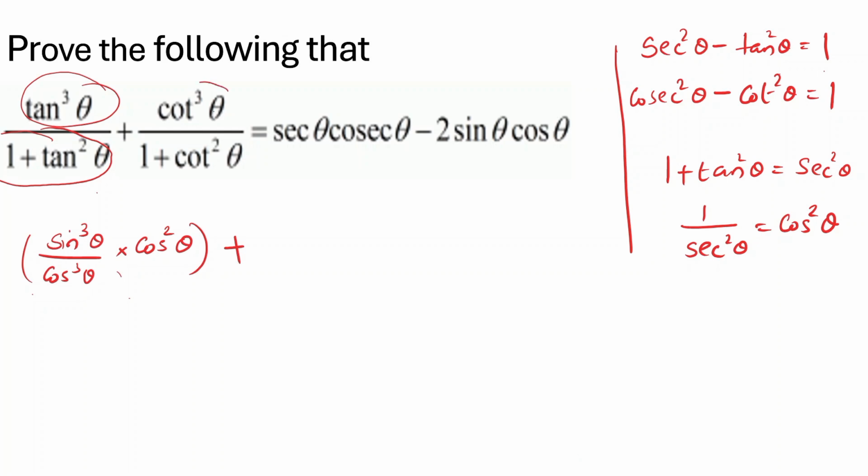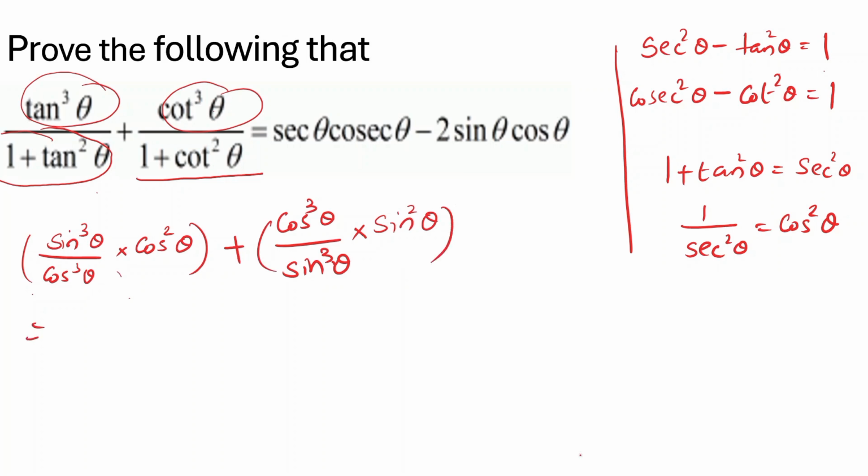Plus, instead of cot cube theta, I am writing cos cube theta divided by sin cube theta. So instead of 1 plus cot square theta, I have cosec square theta. I'm sorry, 1 by cosec square theta is sin square theta. Okay, and I can cancel these terms.